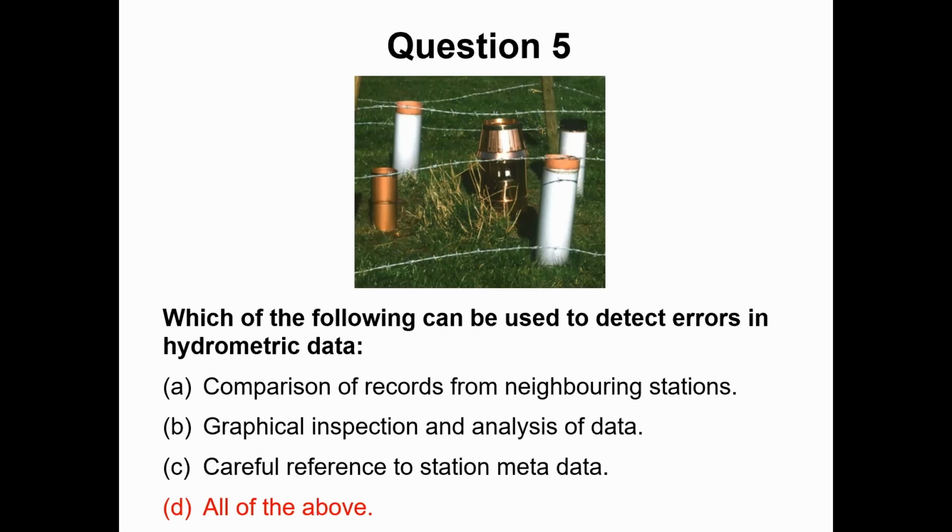As I've already shown you, just looking at graphs for outliers and unusual patterns is a very powerful way of spotting an error. And also having reference to information about the weather station, whether it's been moved in terms of its position, its height, changes in the instruments or the observers. These are important factors too.